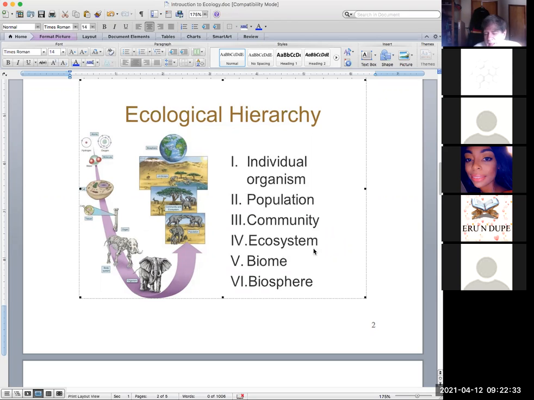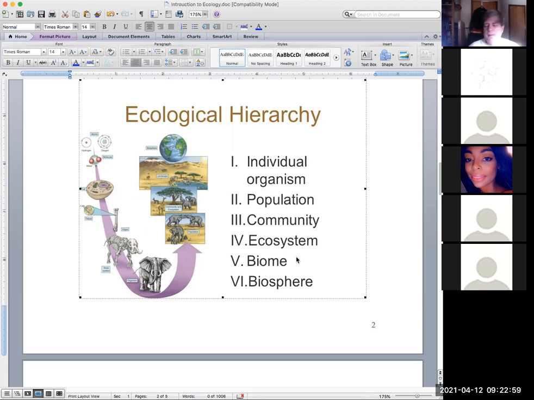Now, a lot of studies of ecology have kind of thrown out the biome. We have it listed in here, but our book mostly lumps the biome with the ecosystem. So if we think about an ecosystem, remember, it is an area where all the populations can interact.